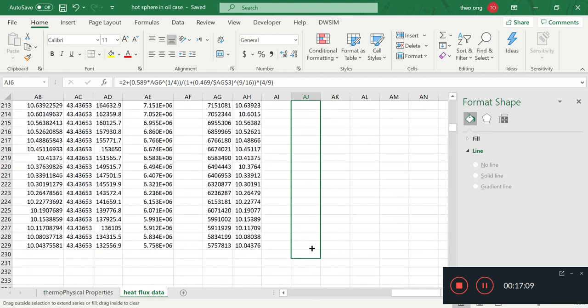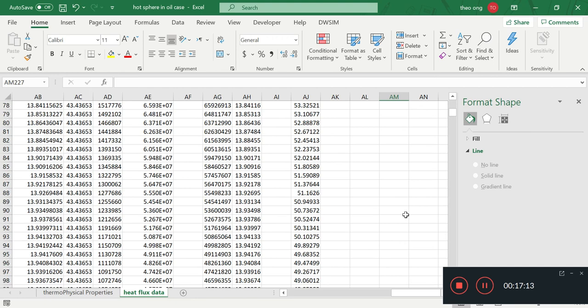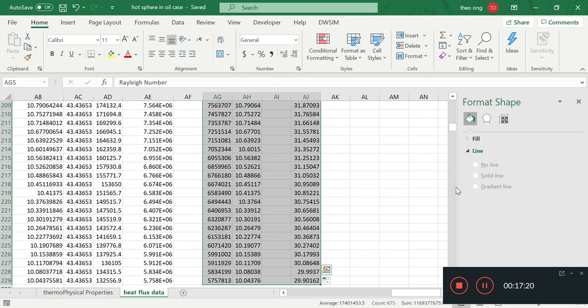Okay, I'm going to drag it all the way down. Let's see. Obviously, there seems to be a mismatch here.